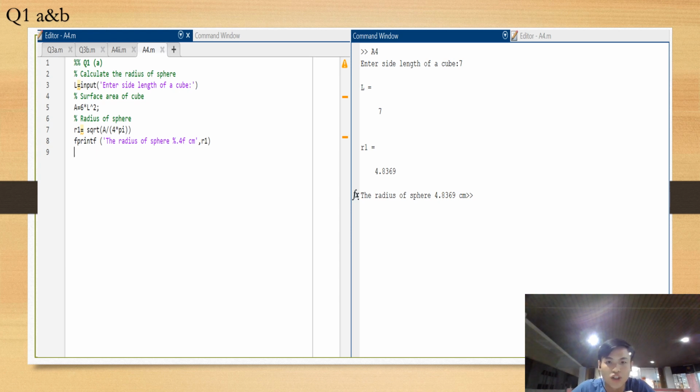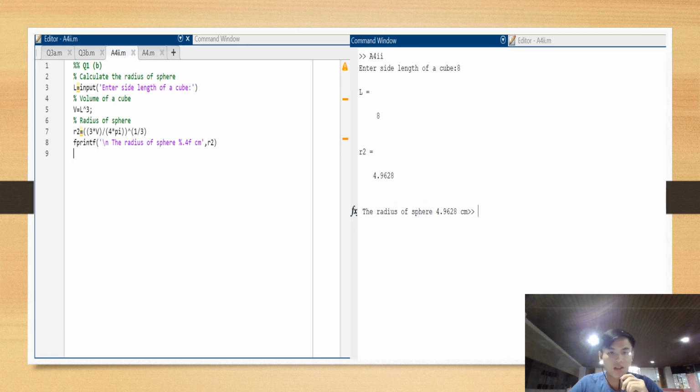Then we run the function, and we will get the radius of the sphere, which is 4.8369. Same method is used for question 1b.